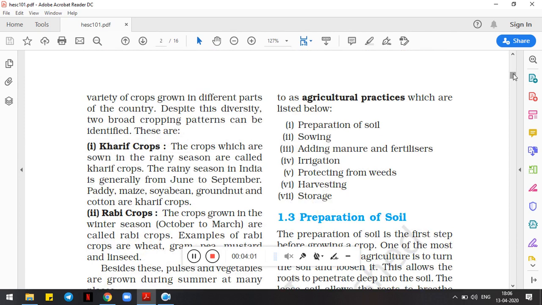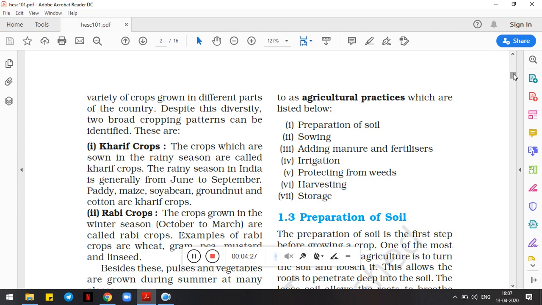Now crops are of variety. Despite their diversity, we can have two broad cropping patterns. They are Kharif crops and Rabi crops. The crops which are sown in the rainy season are called Kharif crops. You know, the rainy season in India is generally from June to September.